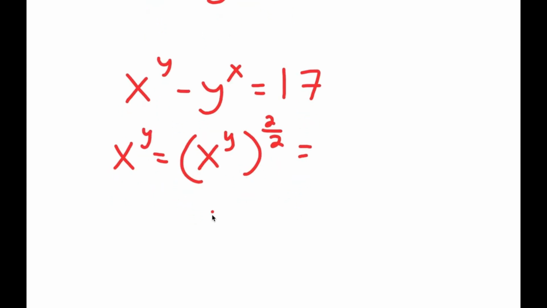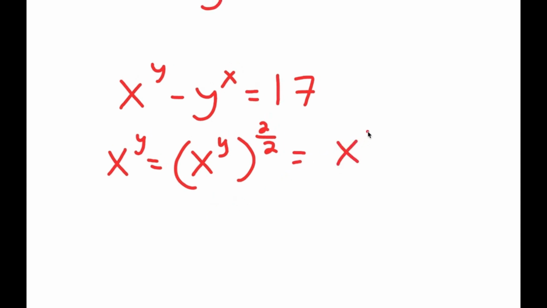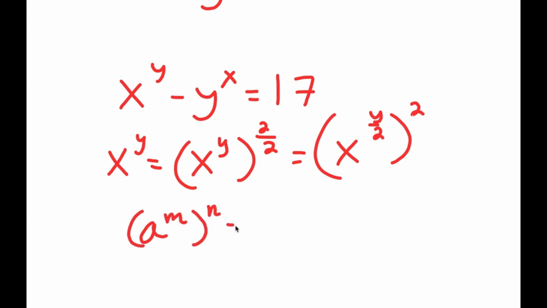Now this I can rewrite as x to the power of y over 2, to the power of 2, because if I have something in the form a to the power of m to the power of n, this is the same thing as a to the power of m times n, so I can switch these up.